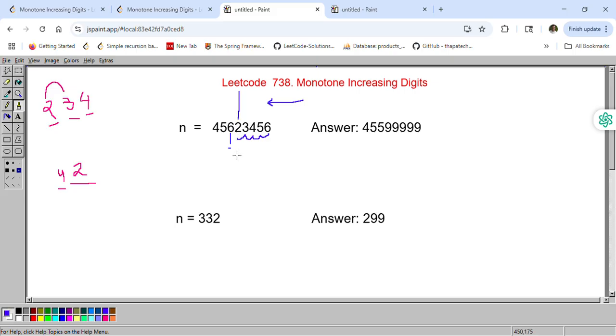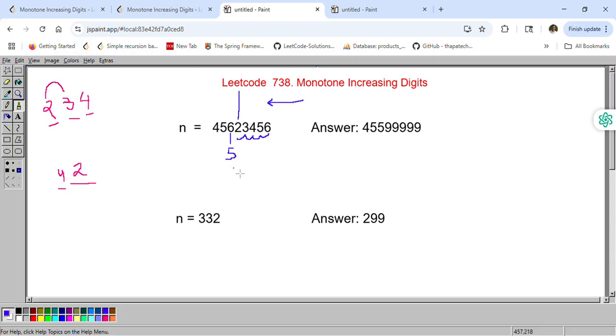Then I will keep checking for the remaining numbers. If I reduce this 6 to 5 and 5 to 5, is it monotone increasing? Yes, because 5 is greater than or equal to 5. And 5 and 4, is it monotone increasing? Yes, because 5 is more than 4.